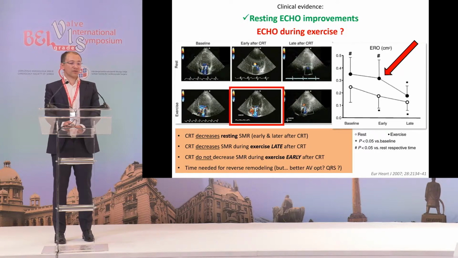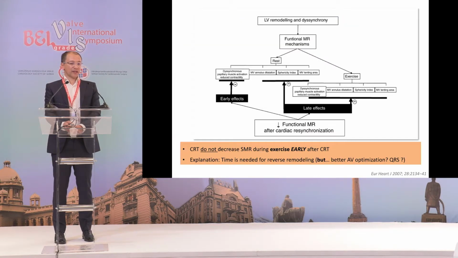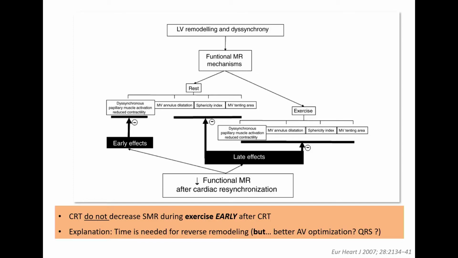To je kratko diskutovano, da je potrebno vreme za reverzno remodelovanje, ali ja bih diskutovao na još jedan način. Konkretno, CRT ne smanjuje sekundarnu mitralnu regurgitaciju prema ovoj studiji rano nakon implantacije, zato što je potrebno vreme da se električna resinhronizacija prevede u, kako kažemo, organsku, da se dilatacija anulusa smanji, da se smanji sferičnost leve komore, da se tenting area mitralne valvule smanji i tako dalje.